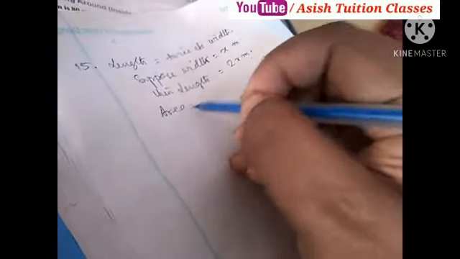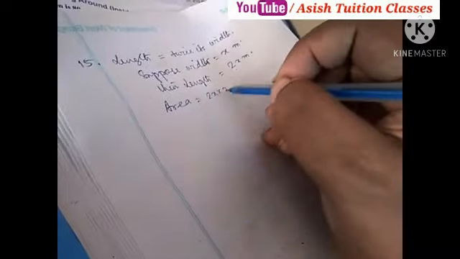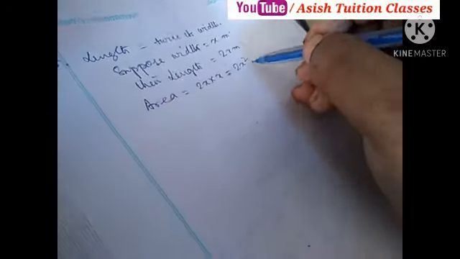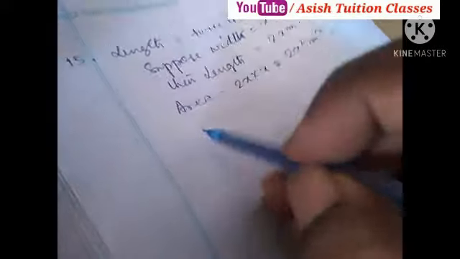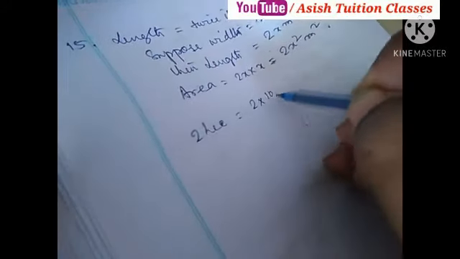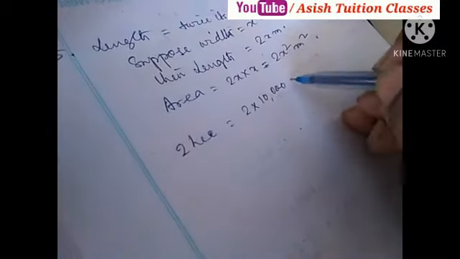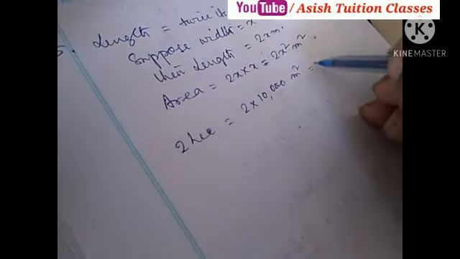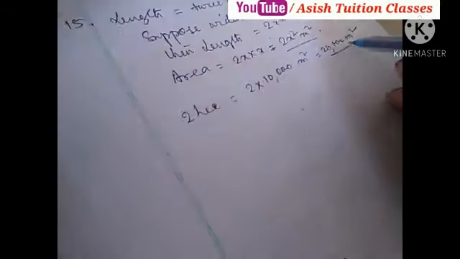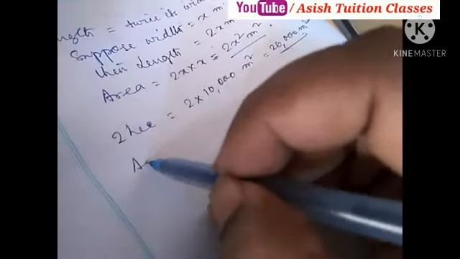Area will be 2x into x. This means 2x square meter square. This will be area, and this will be equal to 2 hectare. 2 hectare means 2 into 10,000 meter square, means 20,000 meter square.